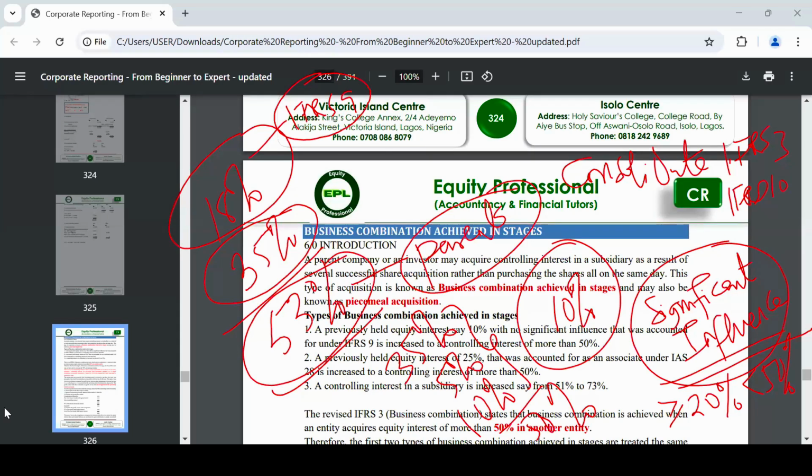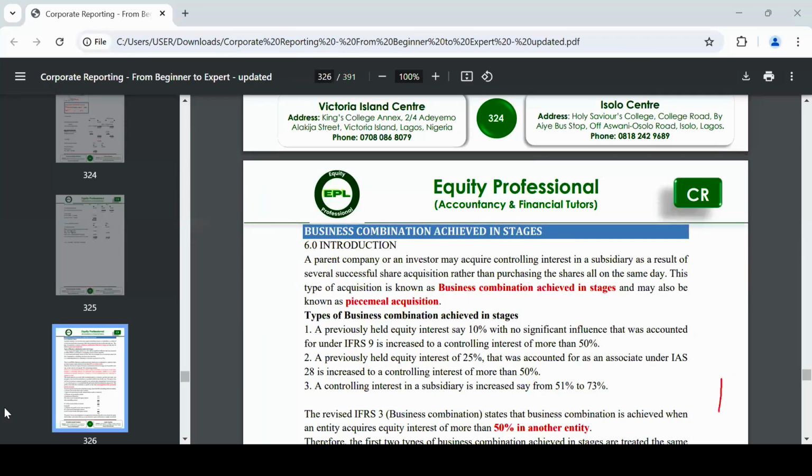You will no longer account for your investment in that company as an associate investment. It will now be called a parent-subsidiary relationship. Therefore, the rules of IFRS 3 and IFRS 10 would now apply. So let's go into the details of what this suggests.